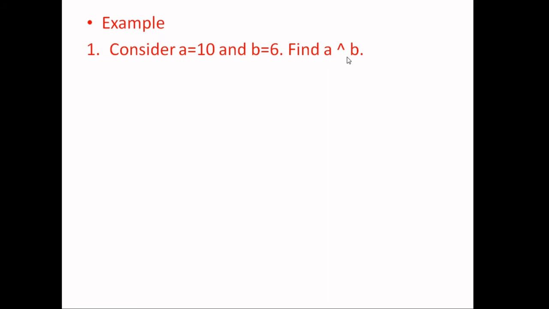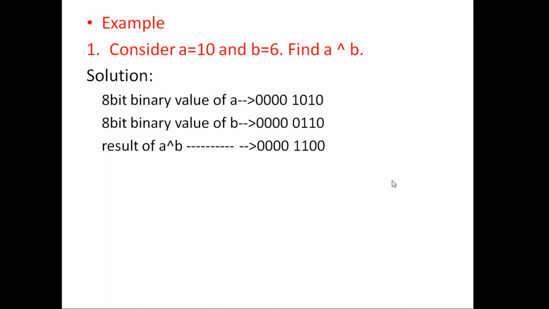Then the result of A XOR B: if you recall, what are the 2 cases in which you will get 1? If either of your bits is 1, you will get the result as 1, or you will get 0.